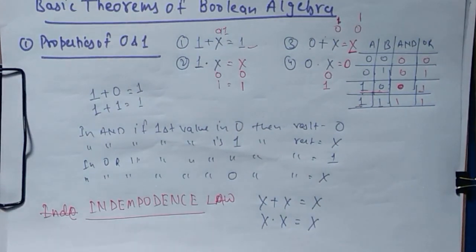This is the idempotence law. Students, this is a most important question that will come in your exam. You have to prove it with the help of a truth table.